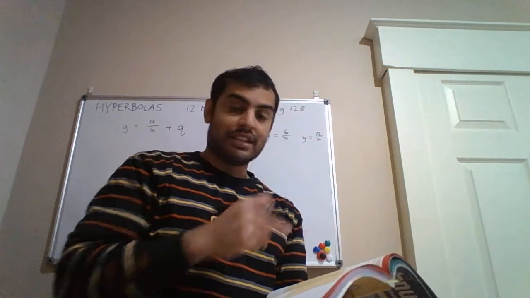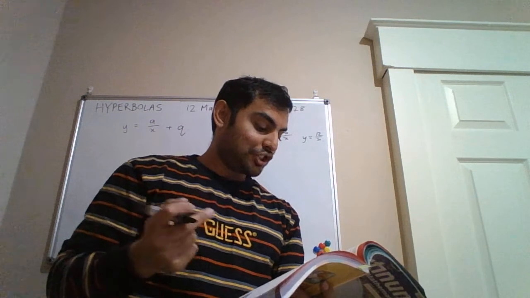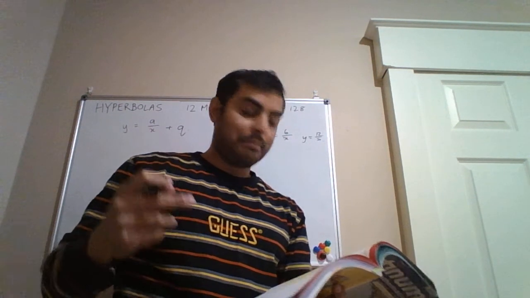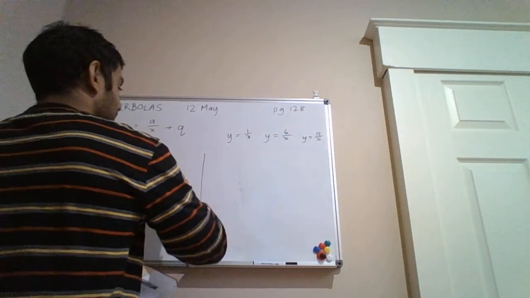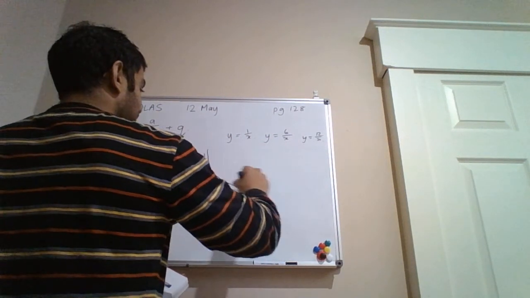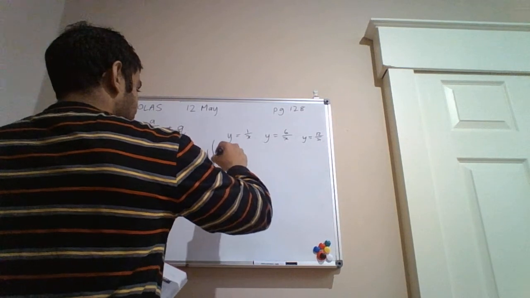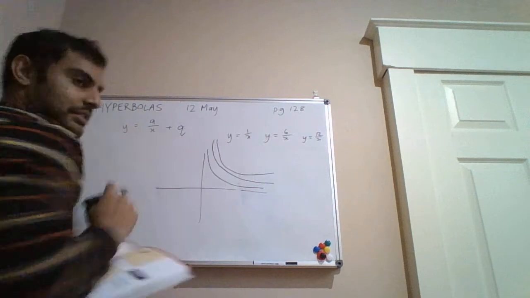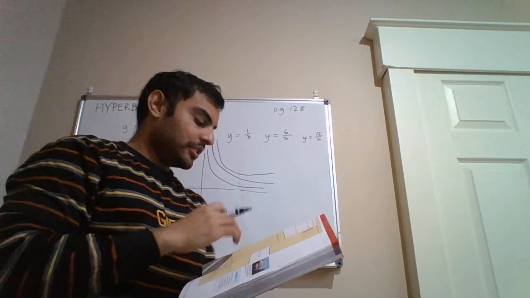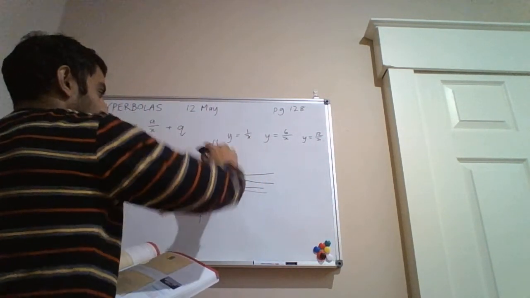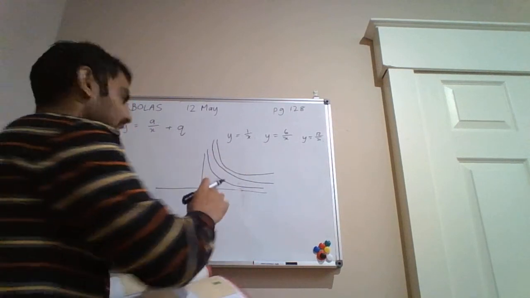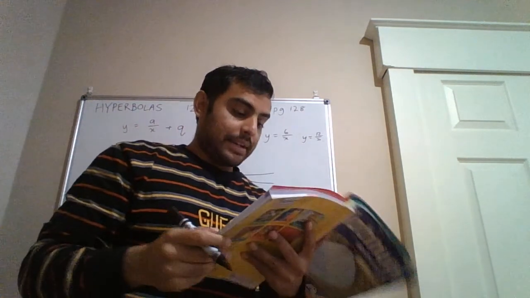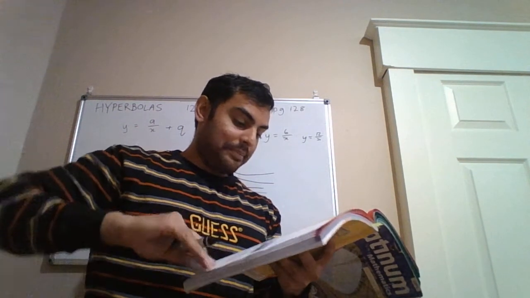You can see that the effect on the overall shape from this picture is that as a gets bigger, our graph bends more outwards. So as a gets smaller, it gets more compressed. As a gets bigger, it widens out there. So that describes our parameter a.